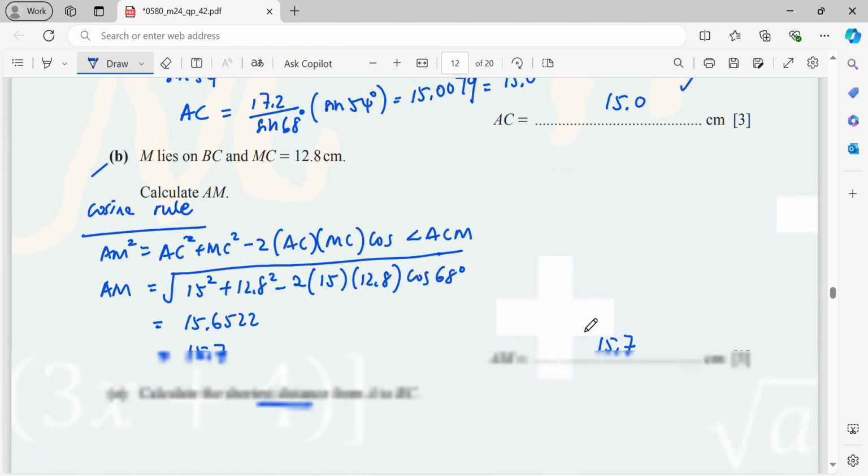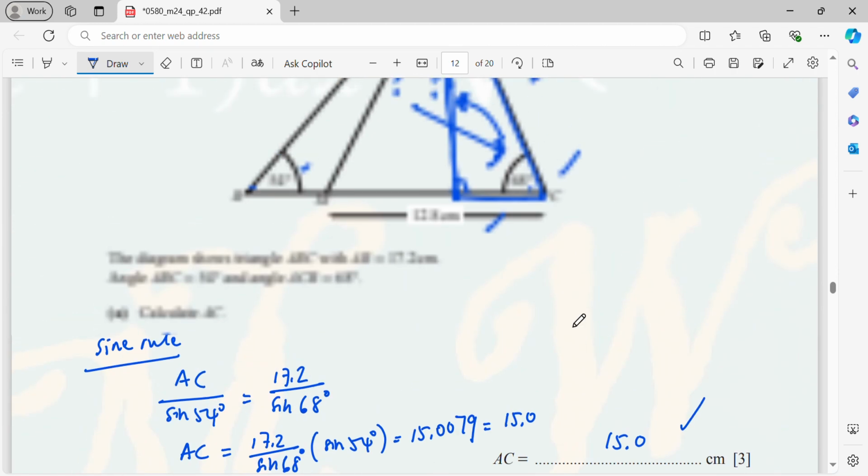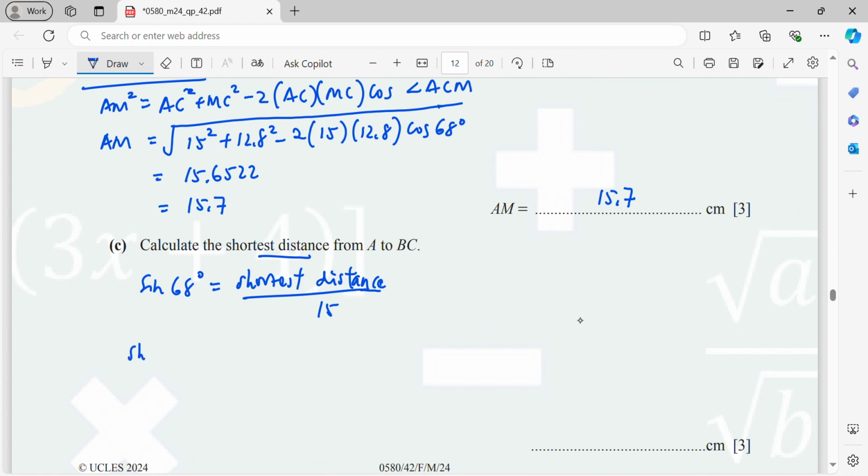So then from here, I will just write sine 68 degrees equals to shortest distance over 15, because that is the right angle triangle. Then from here, the shortest distance is basically 15 times sine 68 degrees.